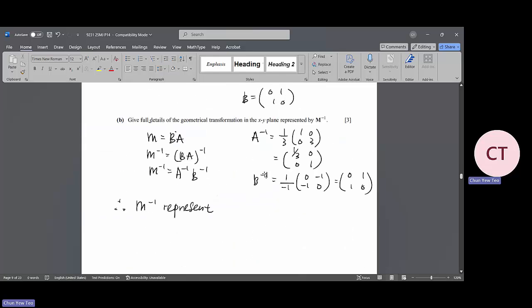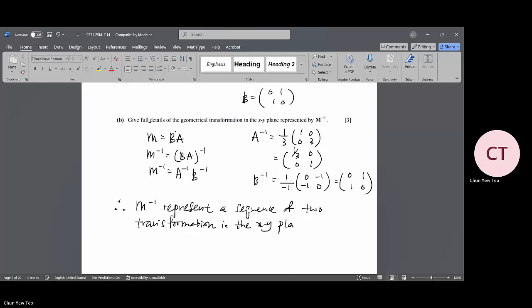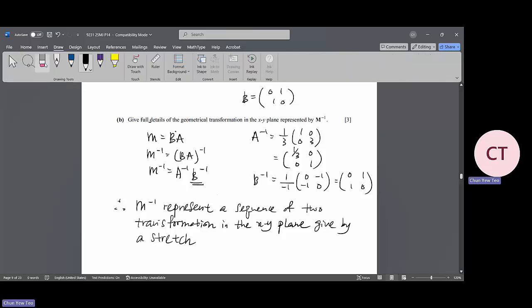So M represents a sequence of two transformations in the XY plane, given by reflection first, then we stretch.